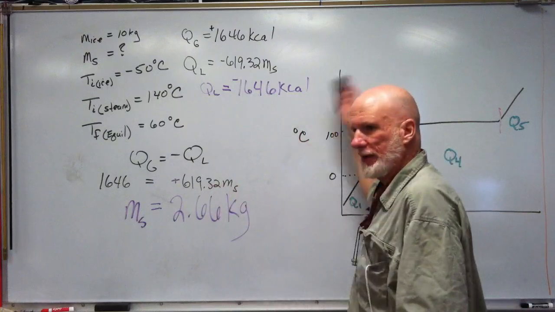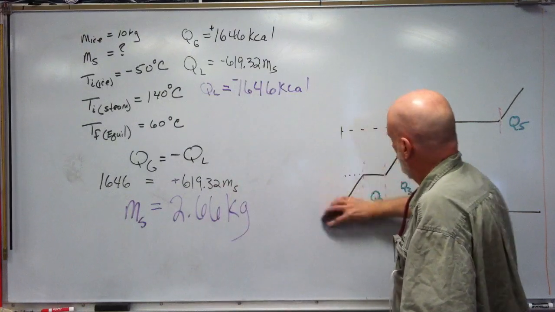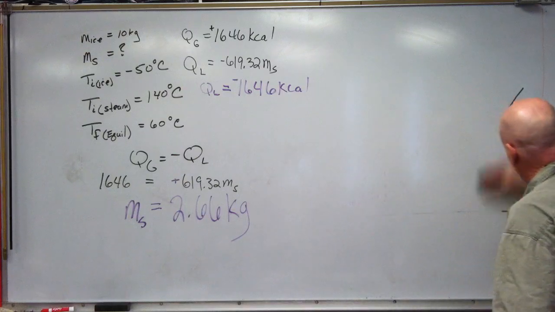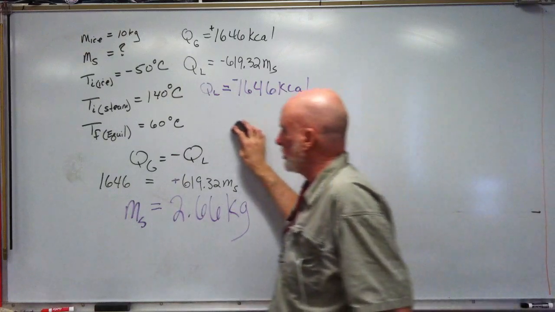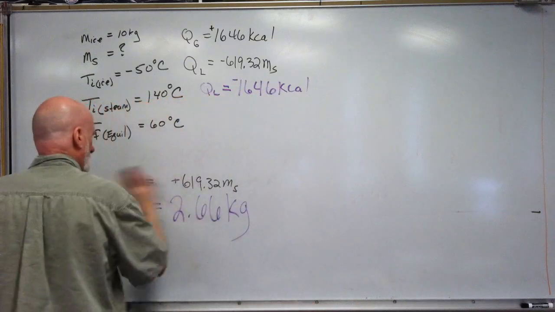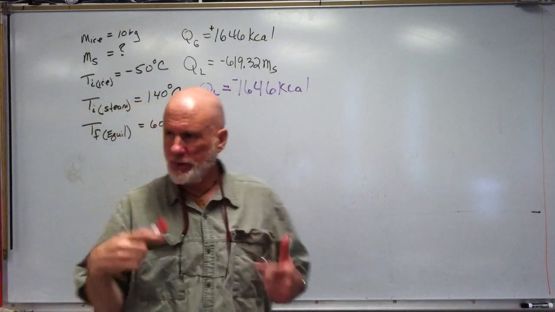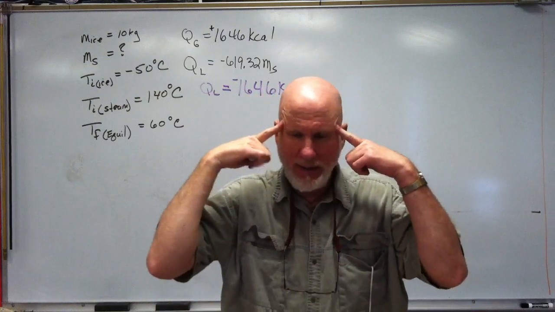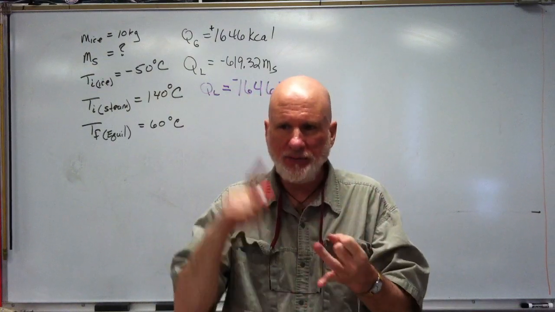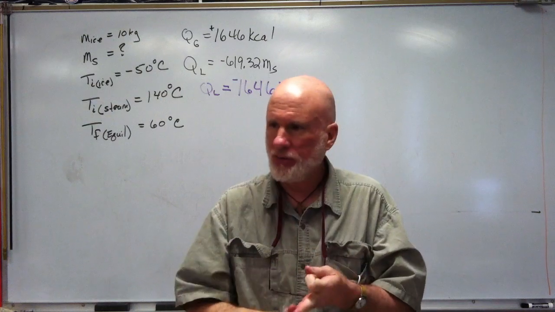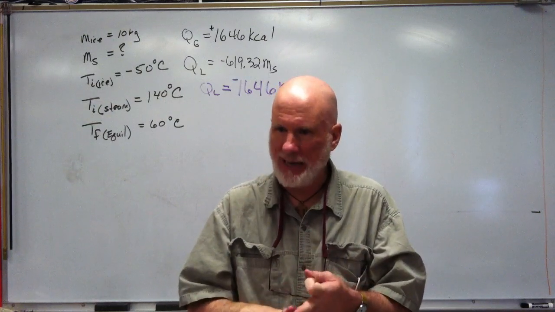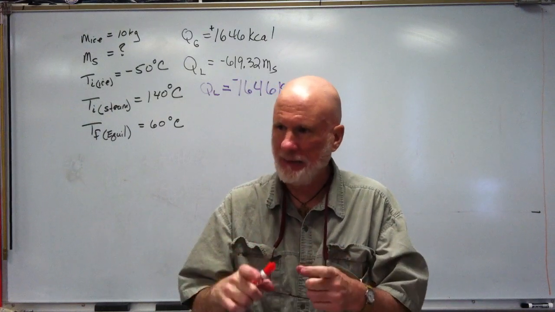So I'm going to erase all this. Is that all right? Now you guys took great notes, right? Remember when we put Q5, Q4, and Q3 steam in terms of M before you added it?